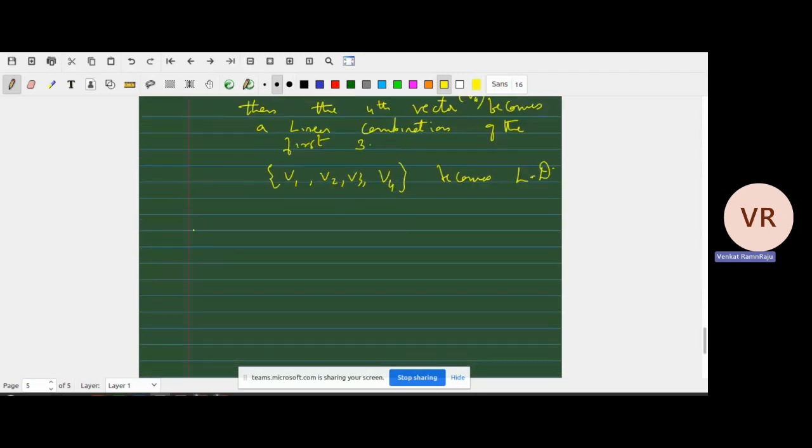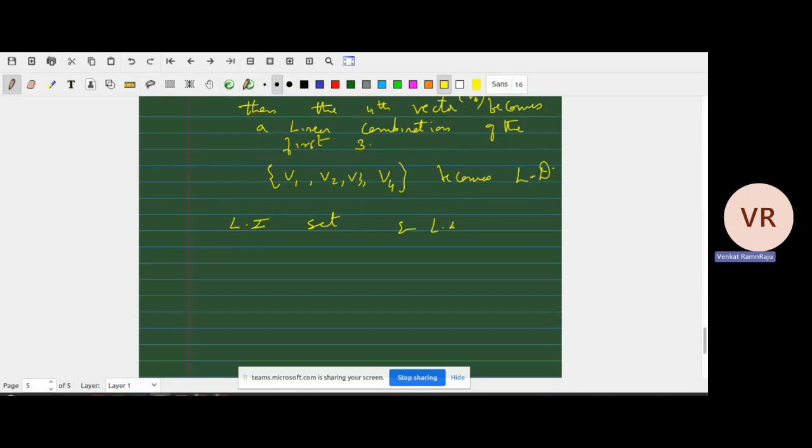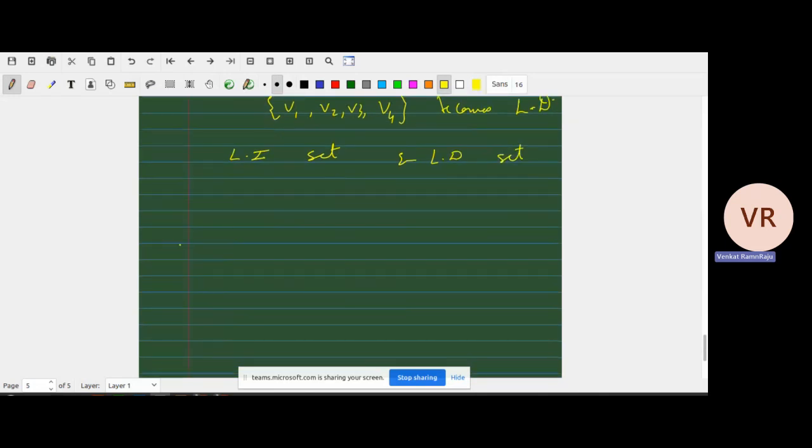So now, because I dryly defined linearly independent set and linearly dependent set, let's do some examples.